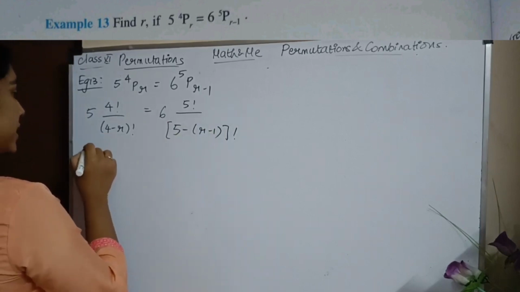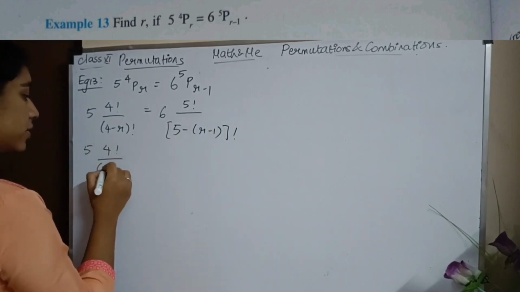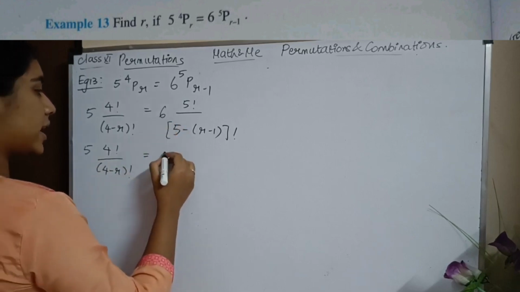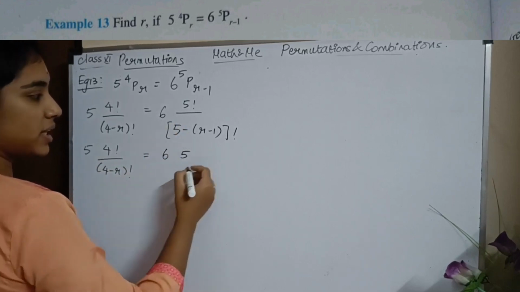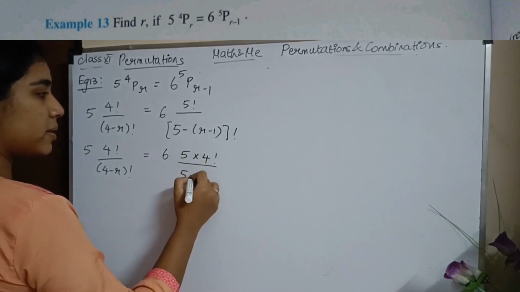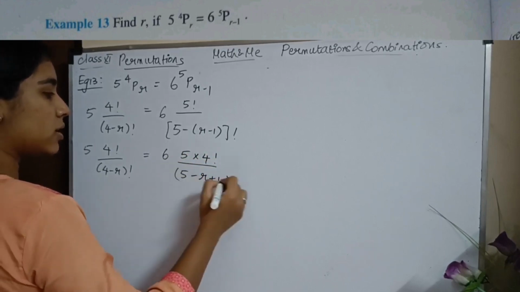So in that, 5 times 4 factorial divided by (4 minus r) the whole factorial equals 6 into 5 factorial, 5 into 4 factorial, divided by (5 minus r plus 1) the whole factorial.